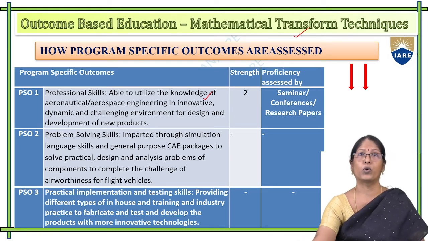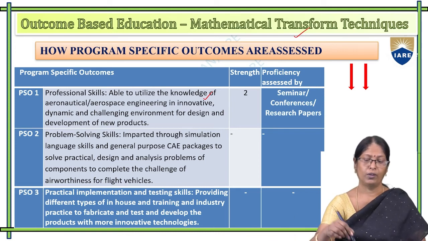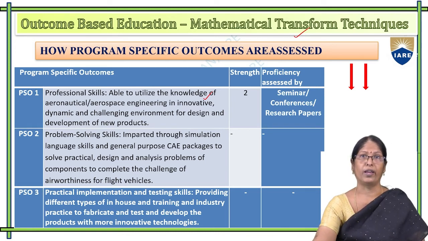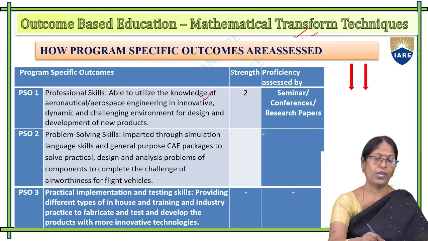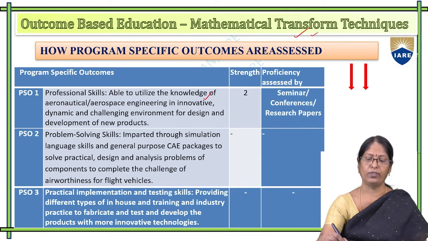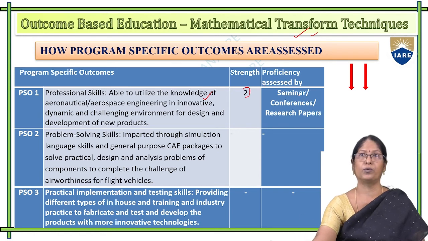These program specific outcomes are especially for aeronautical engineering, which is a specific engineering course. Our subject course is connected to PSO1 with strength 2. How is it assessed? By seminars, conferences, and research papers.